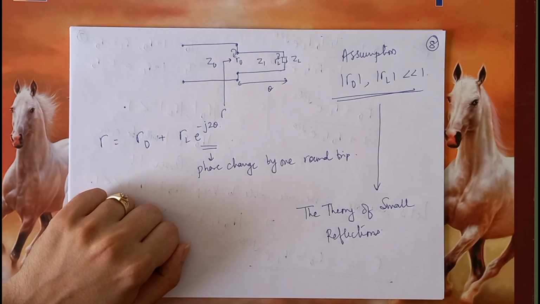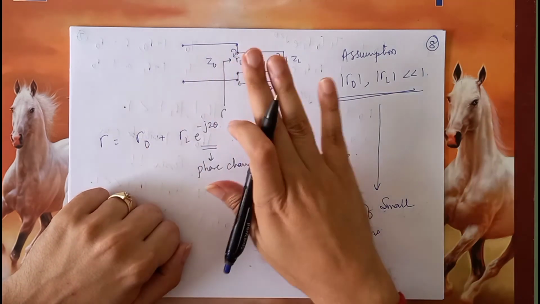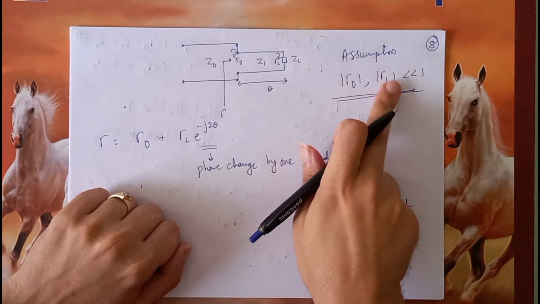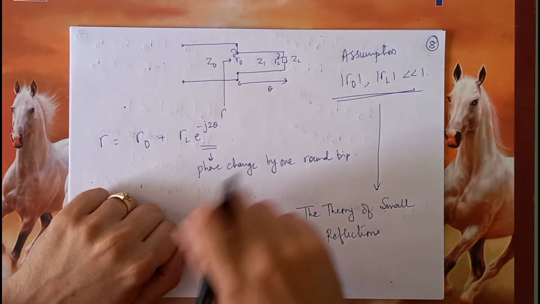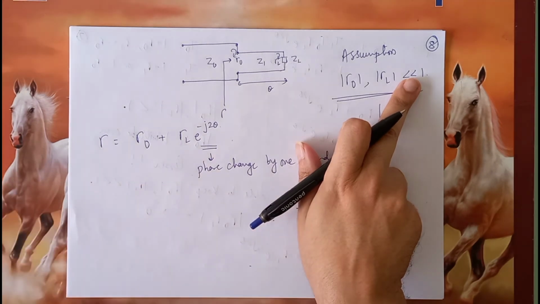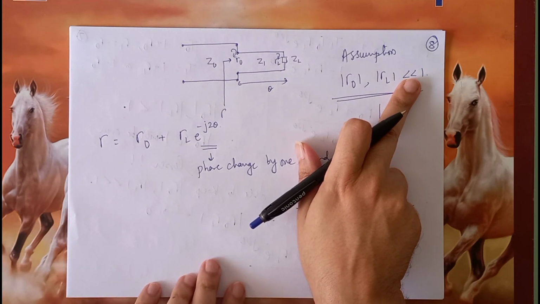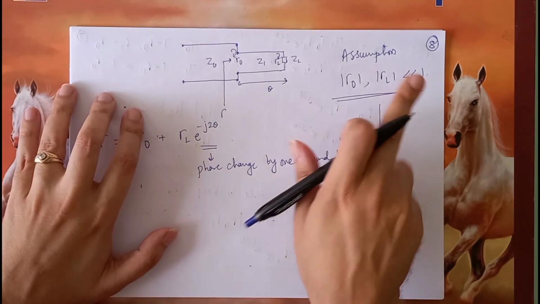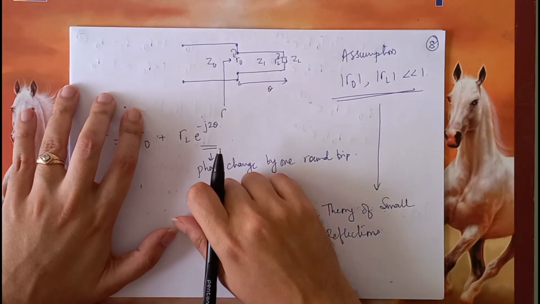But the question now is, how easy is it to ensure that the magnitudes of gamma 0 and gamma L will always be much less than 1? There is no guarantee. So what makes us say that there are no guarantees?